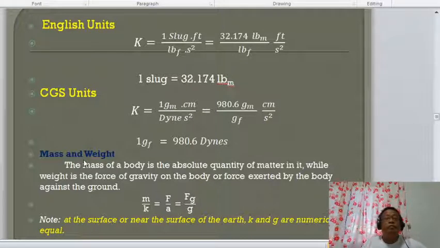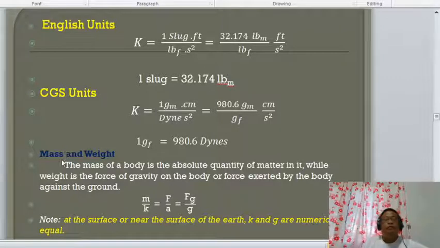So in this equation, the mass over the K is equal to the force multiplied by the acceleration. This is the equation from the second law of Newton. And that is also equal to Fg over g, the gravitational force and the gravitational acceleration constant g.